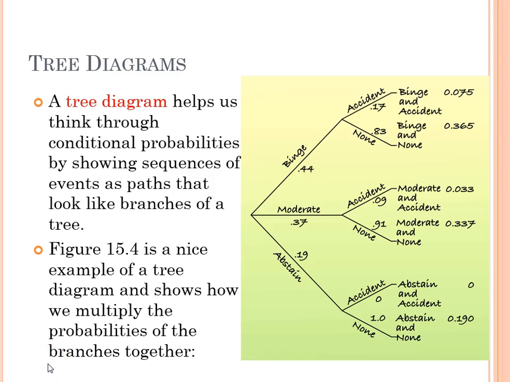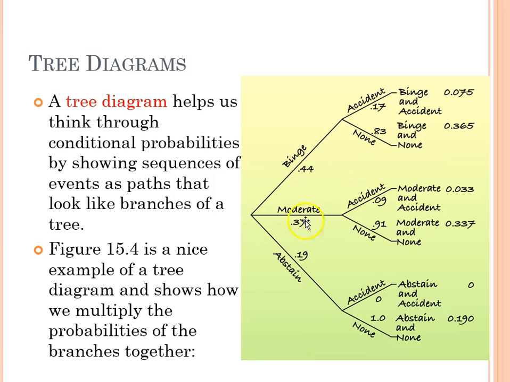Another good way of thinking about the general multiplication rule is through tree diagrams, because the tree diagrams show how events can affect one another. So here we have one event, which is whether or not a person drinks, and the level in which they drink, so it could be binge drinking, moderate drinking, or abstaining from drinking, and whether or not they get in an accident.